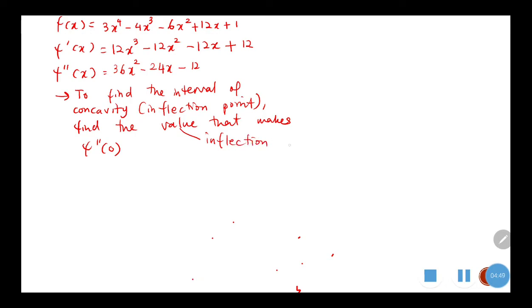Now we try to find it. f double prime x can be simplified by taking out 12, and it should be 3x squared minus 2x minus 1 equal to 0, f double prime equal to 0.